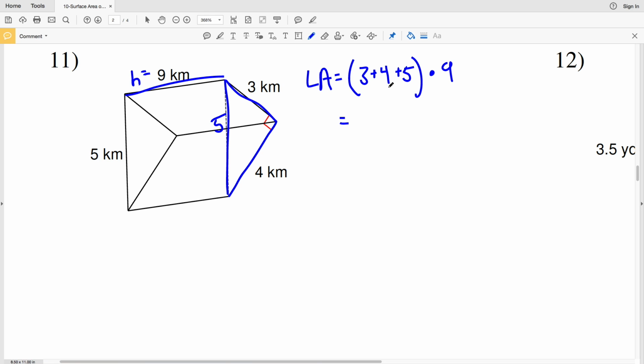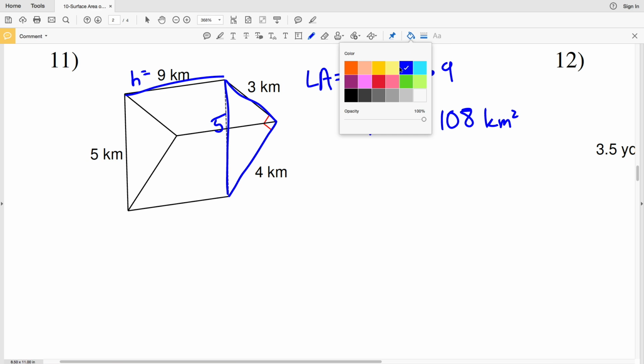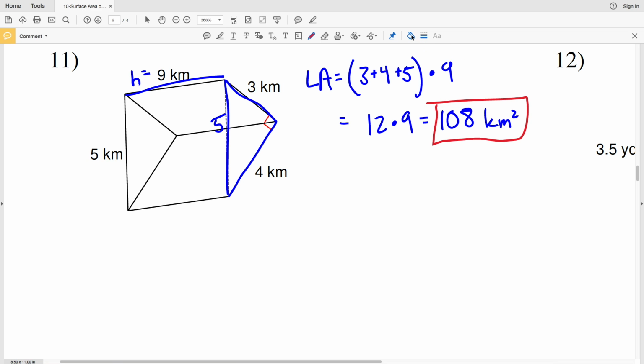So lateral area: 3 plus 4 is 7, 7 plus 5 is 12, 12 times 9 will give us the lateral area, which is 108, and our label is kilometers for side length, so it's 108 kilometers squared for the lateral area.